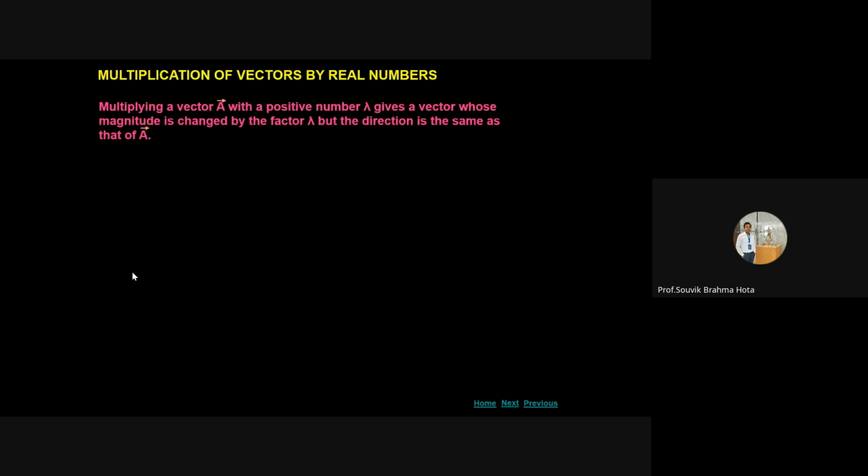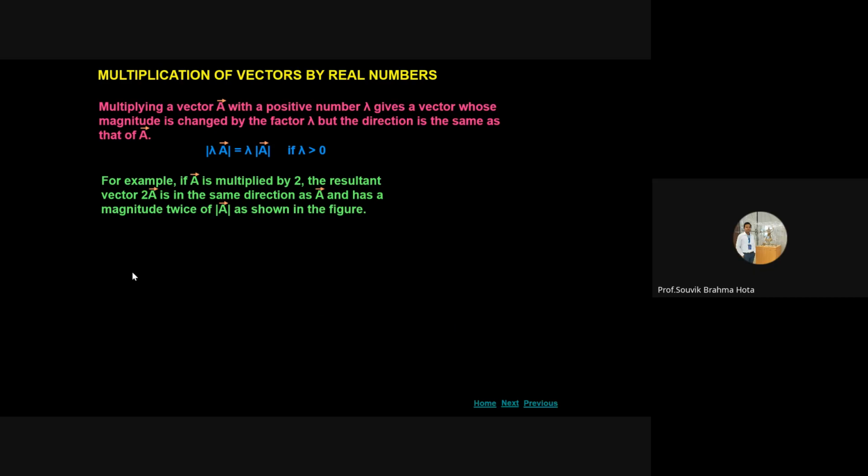Now multiplication of vectors by real numbers. Multiplying a vector A with a positive number lambda gives a vector whose magnitude is changed by the factor lambda, but the direction is the same as the direction of A vector. So lambda times A vector has magnitude lambda times that of A, if lambda is not equal to 0.